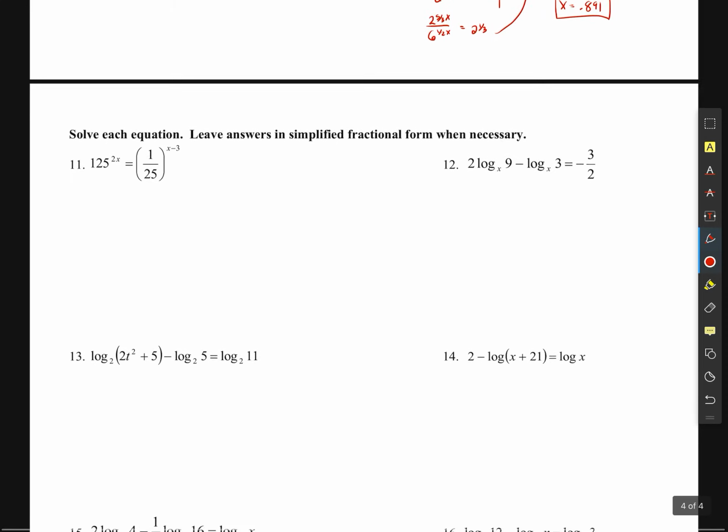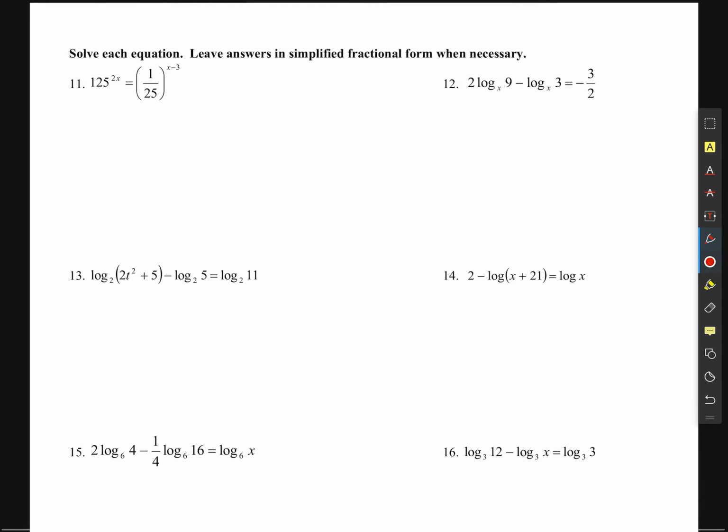Alright, if we look over here, which ones can we talk about? Now, something with 13. Alright, so you covered this all yesterday, but I just want to present ideas that sometimes help me out. A lot of people get thrown off with the subtraction pieces. So one thing that helps me personally is I'd rather deal with addition, so I could just rewrite this as log 2 of 2t squared plus 5 equals log 2 of 11 plus log 2 of 5, which combines to be log 2 of 55.